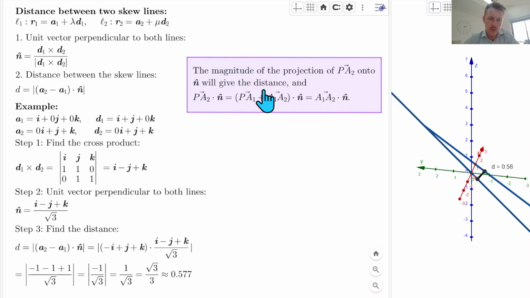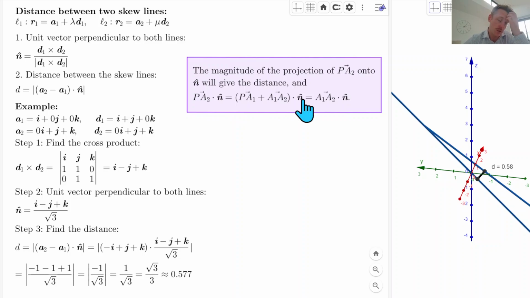So this is the reason. I should have explained it better, but the magnitude of the projection from point P to A2 onto the unit vector n will give the distance, which is the dot product of PA2 with n, and we know that that is equal to this.